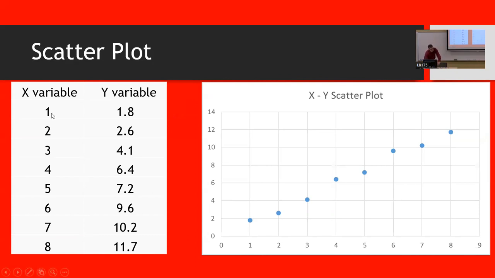My x variable on my first object is a 1, and the y variable on that first object is a 1.8. So what we have here is the ordered pair 1, 1.8. I can plot that on an xy axis.